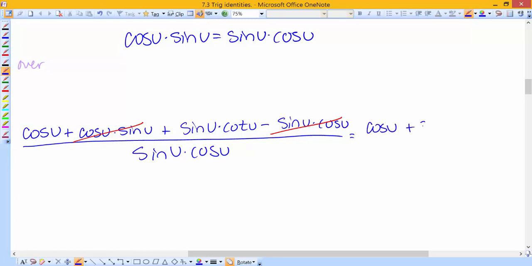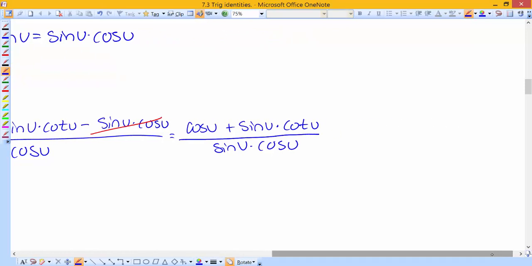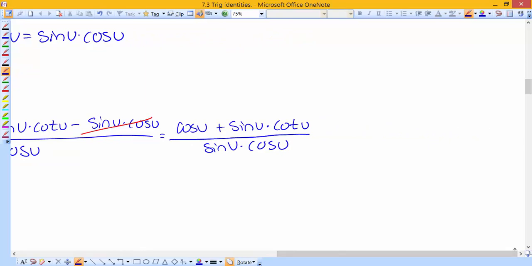So now I am down to cosine of u plus, I forgot the u, sine of u times cotangent of u all over sine u times cosine u. Okay, let's see. What can we do now? Because I need to try. I need to see if I can take this further. So look at your identities.